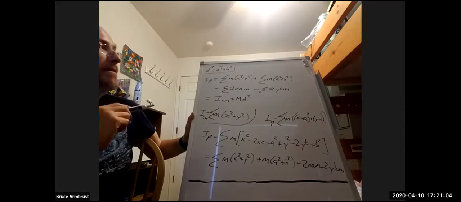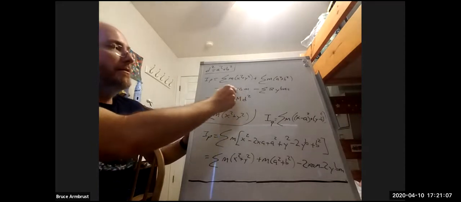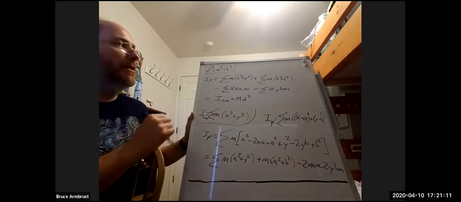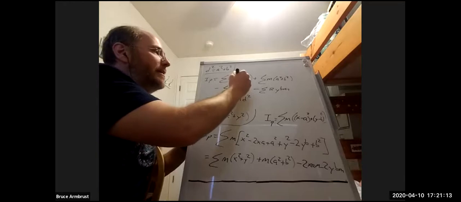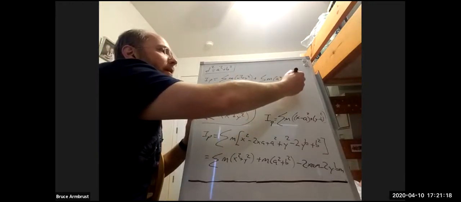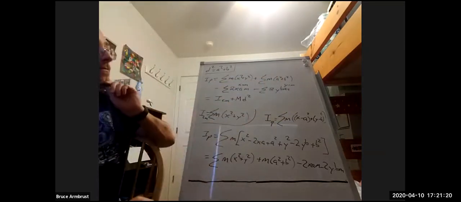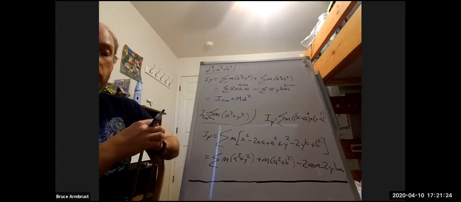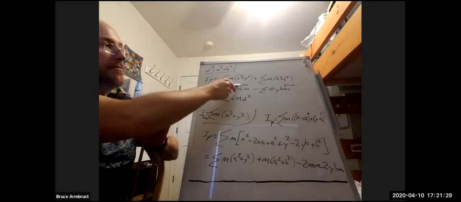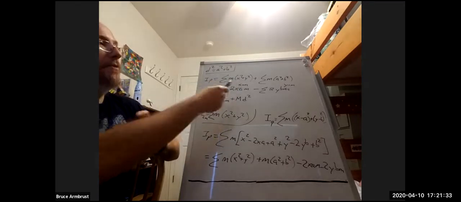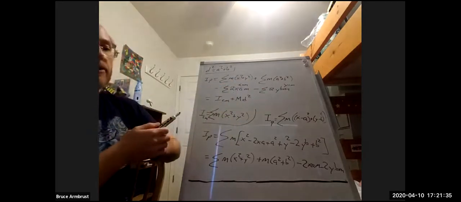Okay, so then what about these other guys? Well, here's what we really want to look at. Look at the x times m, and in this case, the y times m. You may remember those as the first moments. Basically what we're doing is taking all of those first moments and adding them up, in the x direction and the y direction.